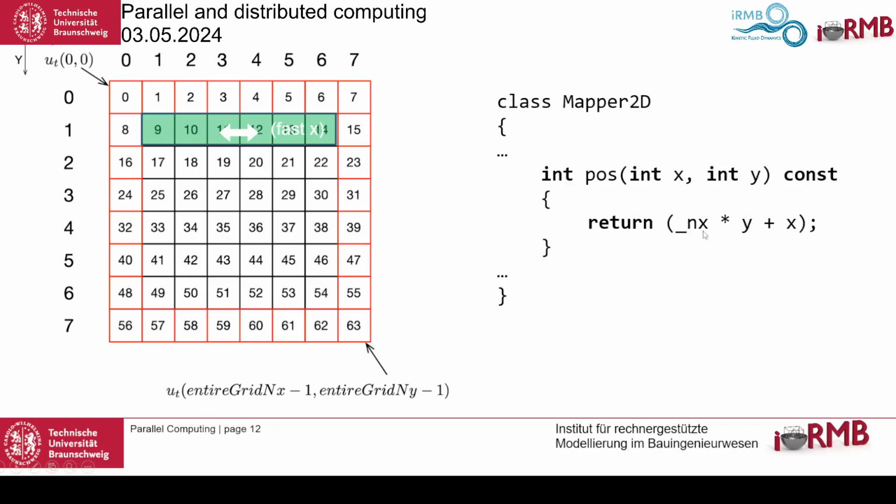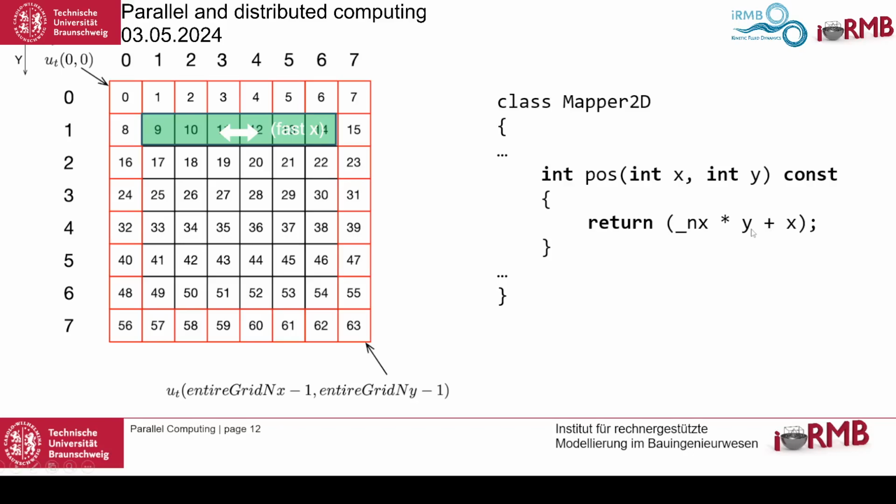So there is an nx, which is the number of columns, yeah, so the size in x direction. Yeah, so the chunks that we cut off. And now you see that here we iterate over x. So if we increase x by 1, we get to the next neighbor.